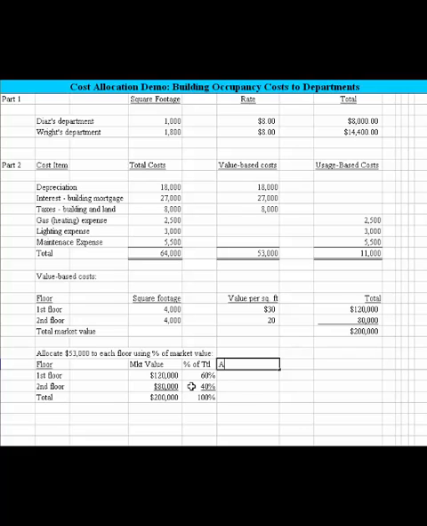So then let's determine the allocated cost. Why don't I again justify these, underline these cells, and we would multiply the allocated cost. The allocated cost, of course, would be the full 200,000 times the 60%. Why don't we allocate?